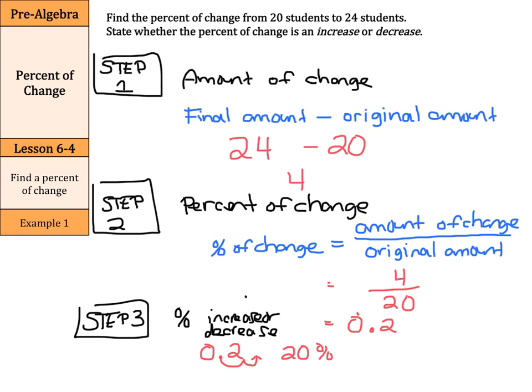Well, since this is a positive amount, this is going to be a 20% increase. And that's our answer, a 20% increase. So to find the percent of change, we're going to take our amount of change, which we broke down here to get 4, divided by our original amount, which is 20, take our 0.2 or 2/10 into a percentage, and since it was a positive percent, it's a 20% increase.